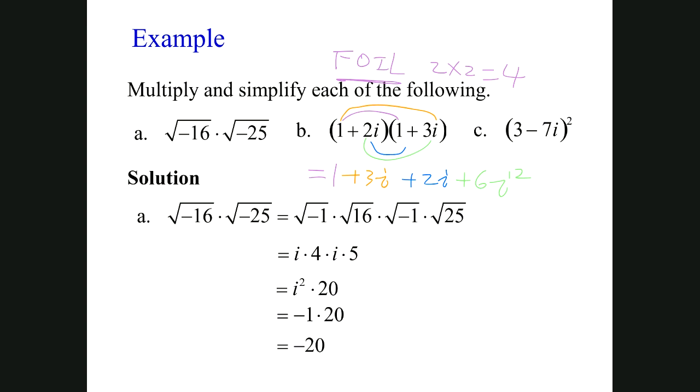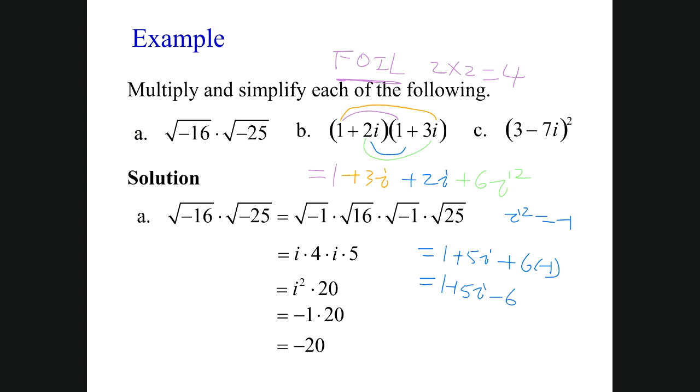And of course, we have to simplify this one right here, right? So we're going to have 1 plus 3i plus 2i is 5i. Okay, combine the like terms in here, plus 6 times i squared. i squared is equal to -1. So we have to simplify this one right here. Okay, so I will have 1 plus 5i minus 6.